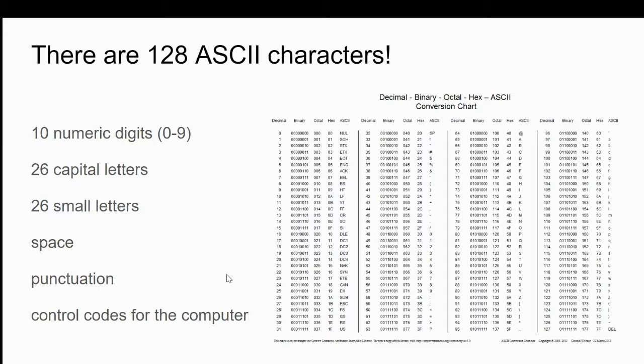Here is what real ASCII characters look like. So you can see that we first start with some really strange different things like null, but as we move down these columns, here you can see there's some punctuation. So there's the $ sign, there's the % sign. We can even represent numbers using the ASCII system.